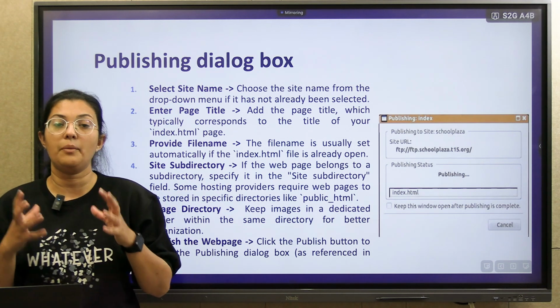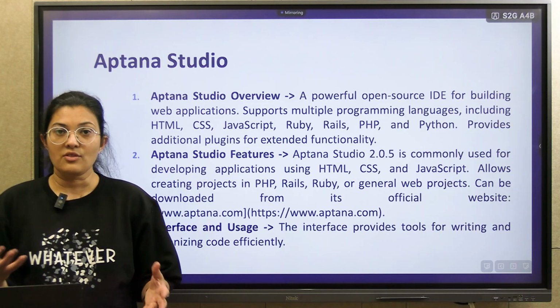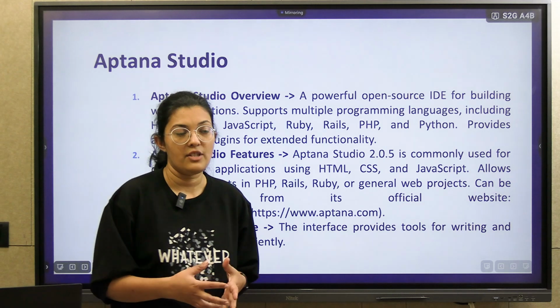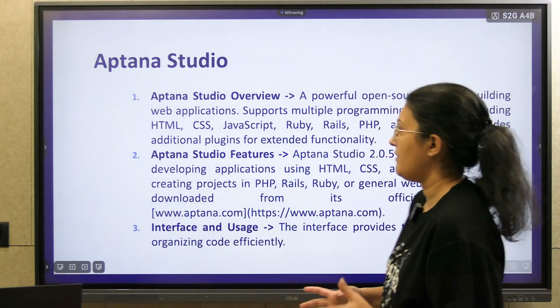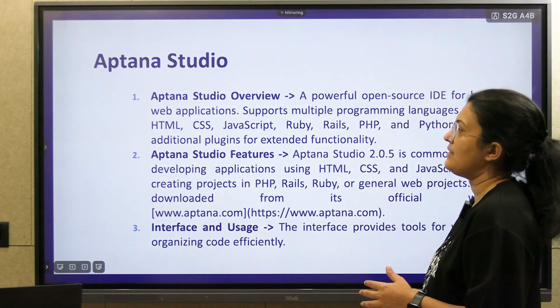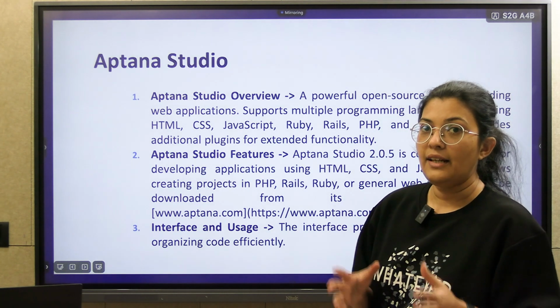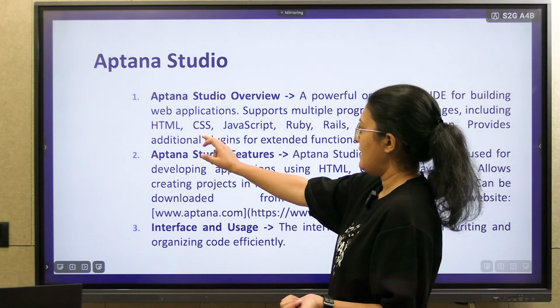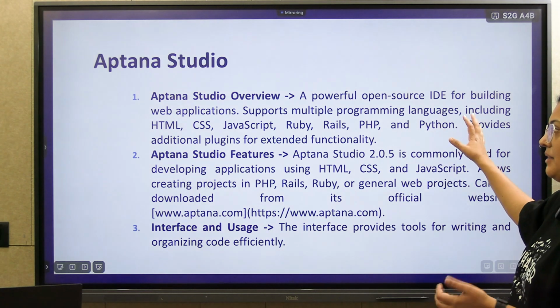Using this we can upload our website onto the live server. Now next we will learn about the other IDEs which are also available, using which we can develop a fully functional website. One example is Aptana Studio. Aptana Studio is again a free and open source IDE that supports languages like HTML, CSS, JavaScript, Ruby on Rails, PHP, Python and many more.